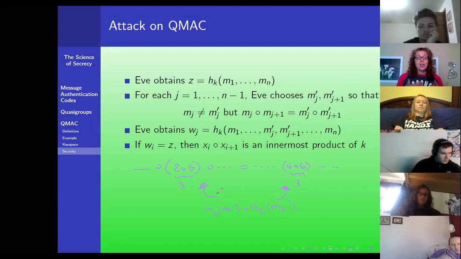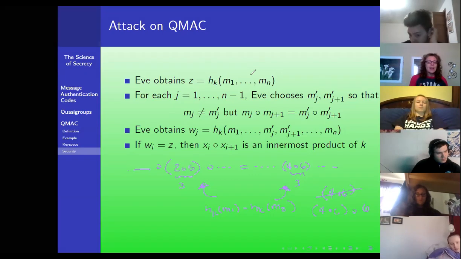So by adding another secret piece of information into these innermost products, she can't come up with where these innermost products are, and therefore she can't forge message authentication codes, because instead of 4 circle 6, we've got 4 circle C circle 6, and she doesn't know what that secret key C is. So there's an additional piece of information that keeps her from finding where these innermost products are.